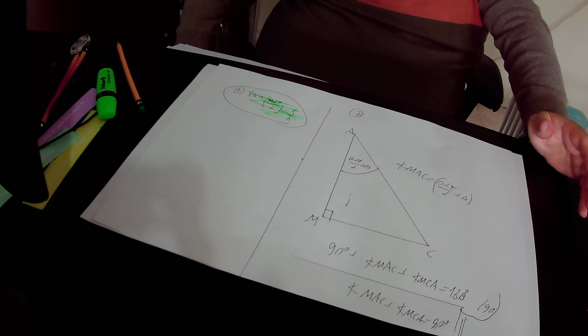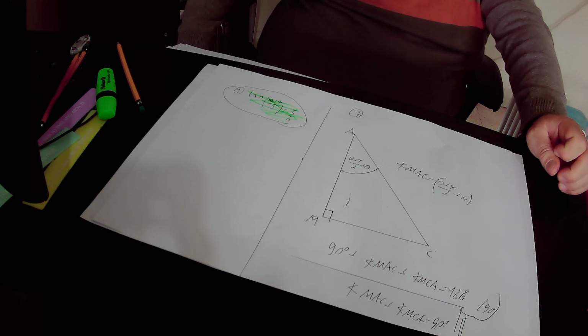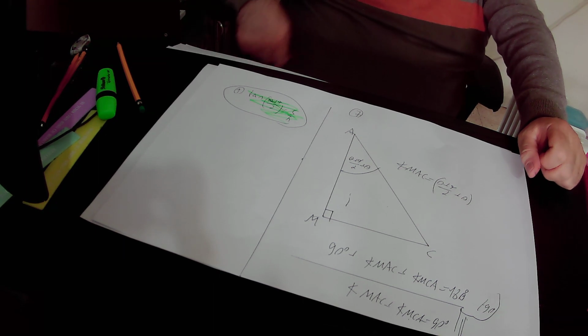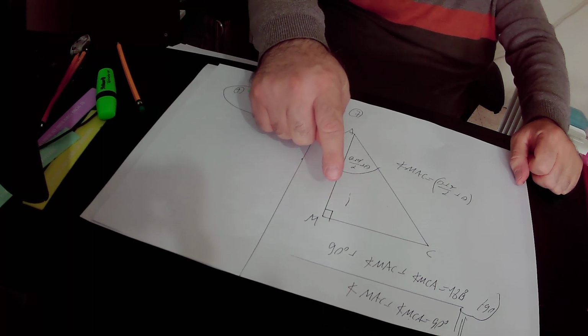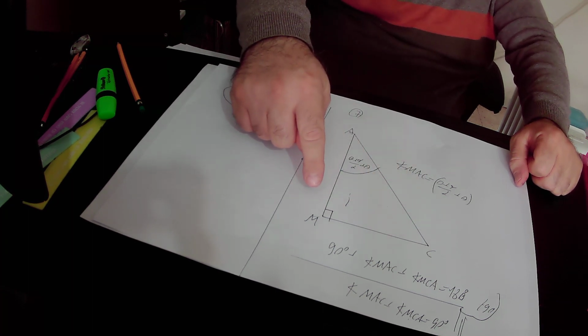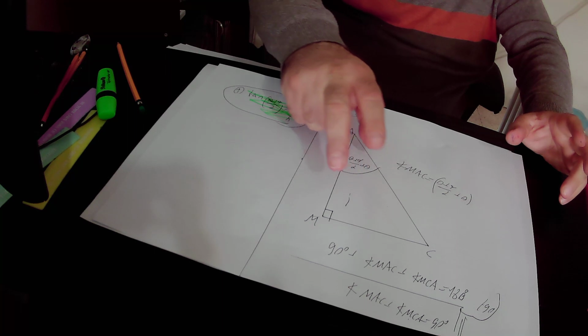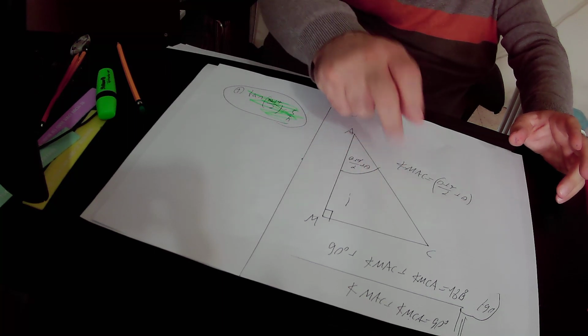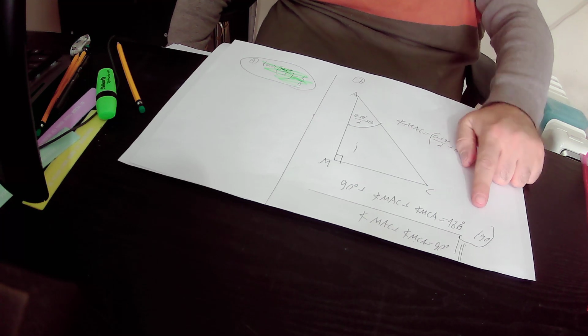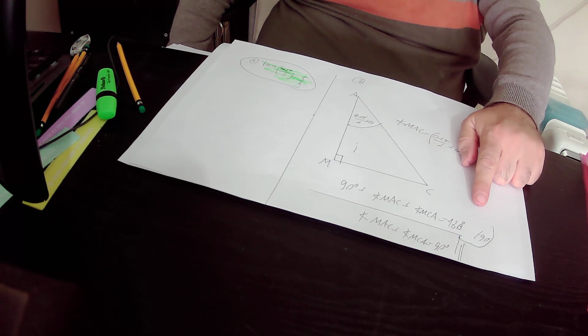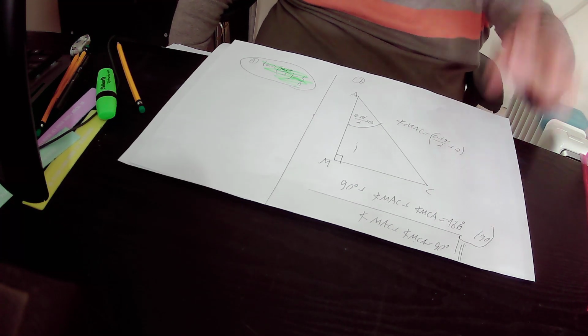According to the rule that the sum of the angles in any triangle is equal to 180 degrees, the sum of the angles in triangle ACM equals 180 degrees, that is to say 90 degrees plus angle MCA plus angle MAC. In total, the sum of those two angles must be equal to 180 degrees minus 90 degrees.